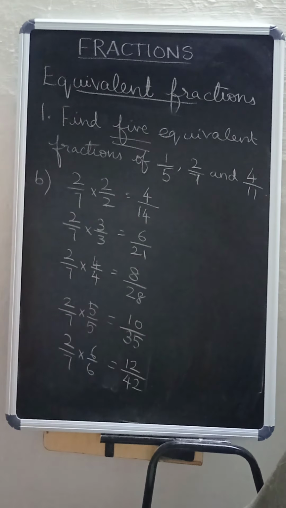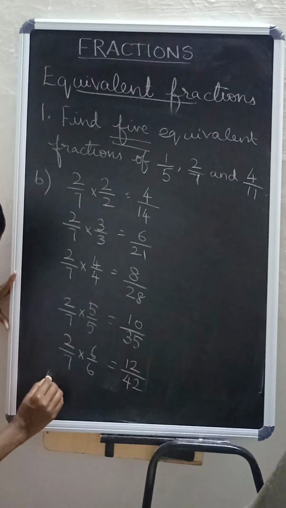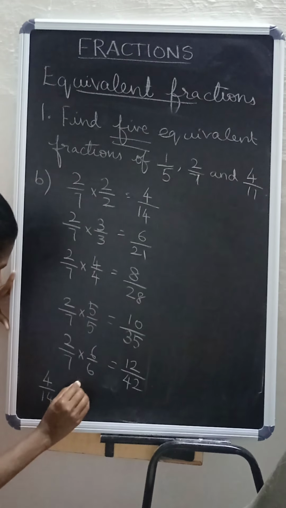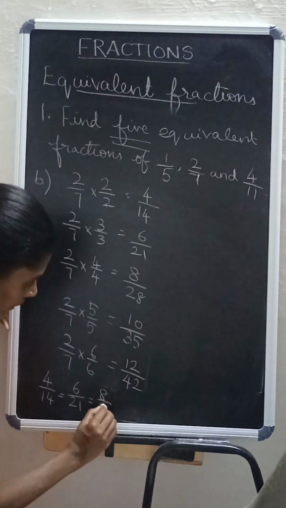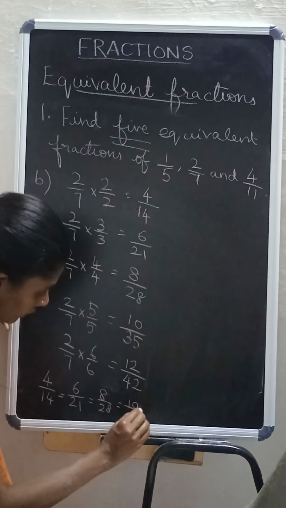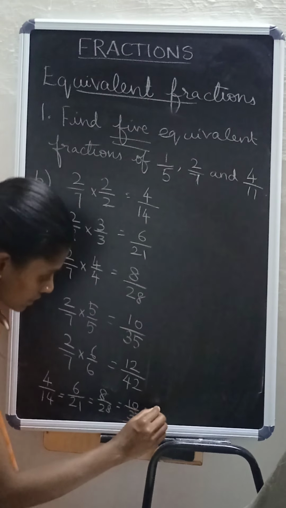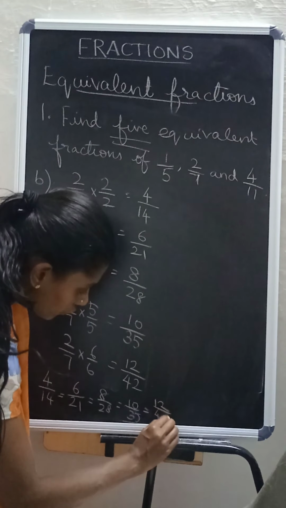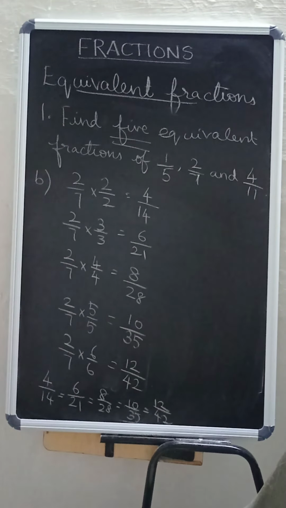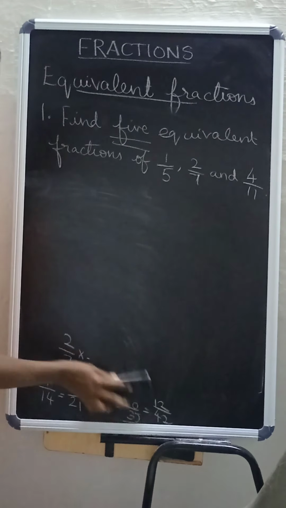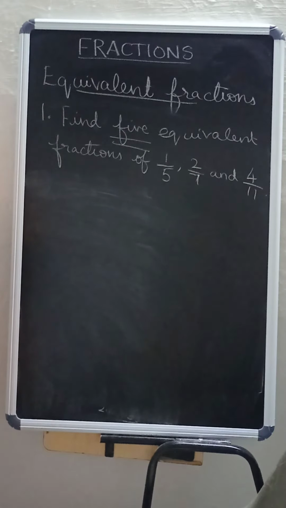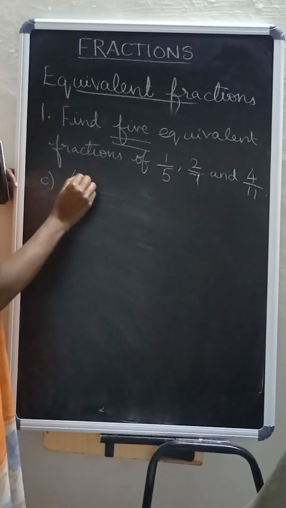So these are equal. 4 by 14 is equal to 6 by 21 is equal to 8 by 28 is equal to 10 by 35 is equal to 12 by 42. Next sum. 4 by 11.